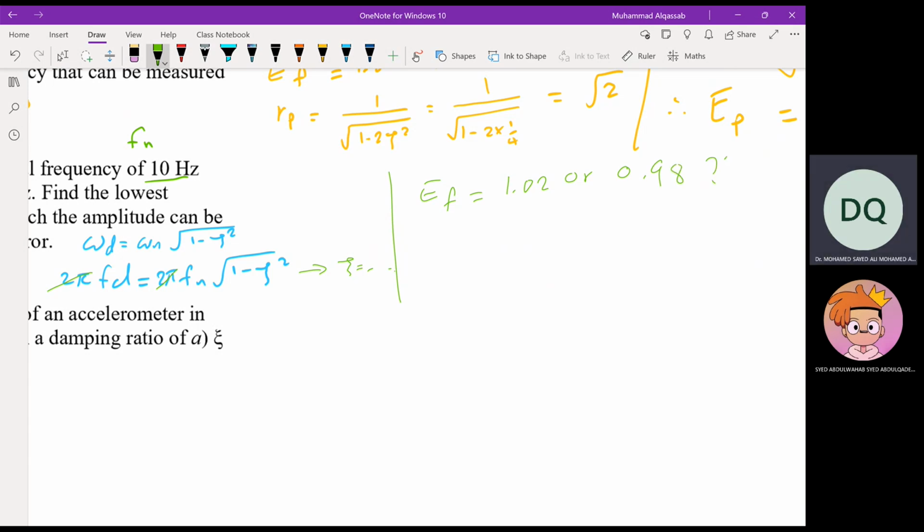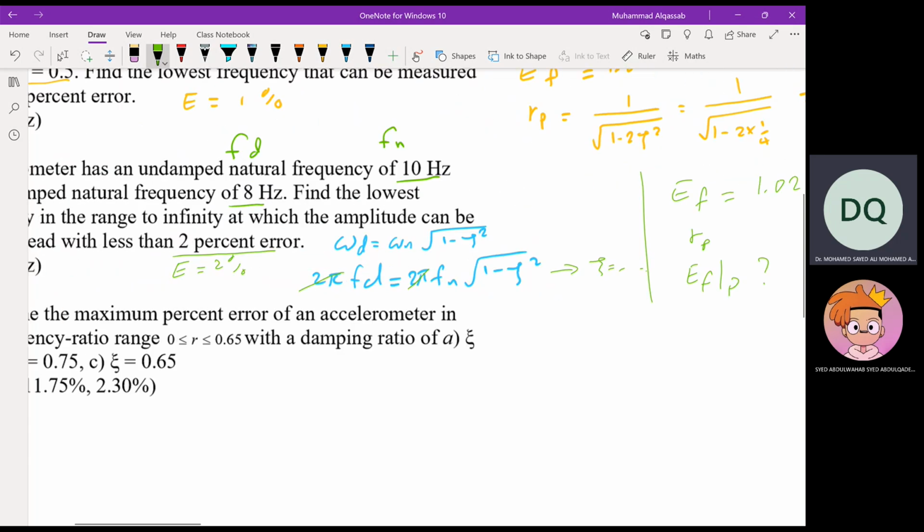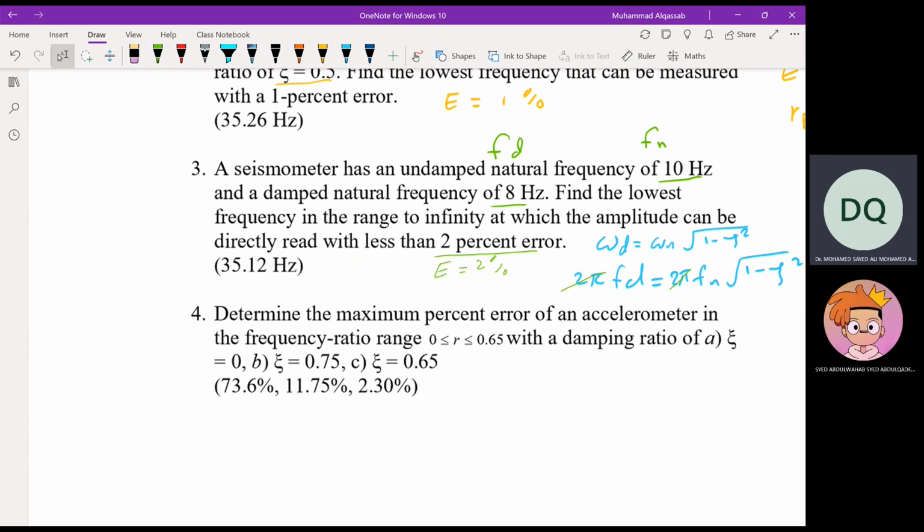You have to select one of them based on the error factor at the peak. So you will find the peak, find the error factor at the peak, compare it with the maximum error, which is 2%, and then follow the same procedure as in question 2.